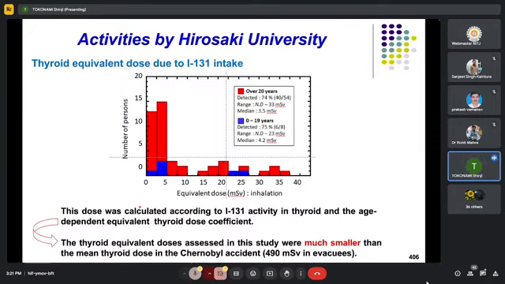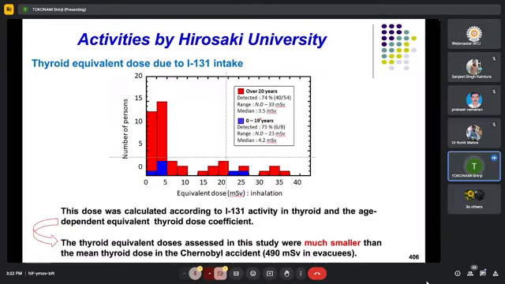Here is the result: thyroid equivalent dose due to iodine intake. For those over 20, 74% were detected. The range was LD to 33 millisieverts. The median value is 3.5 millisieverts.